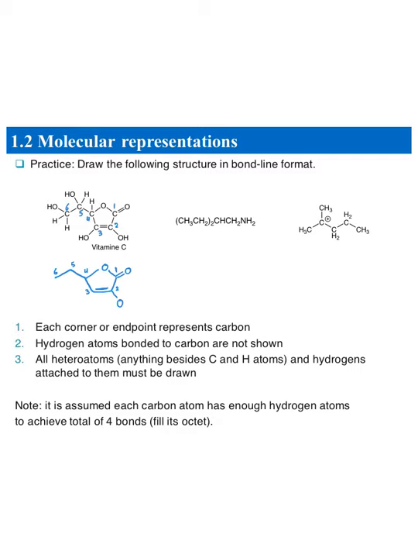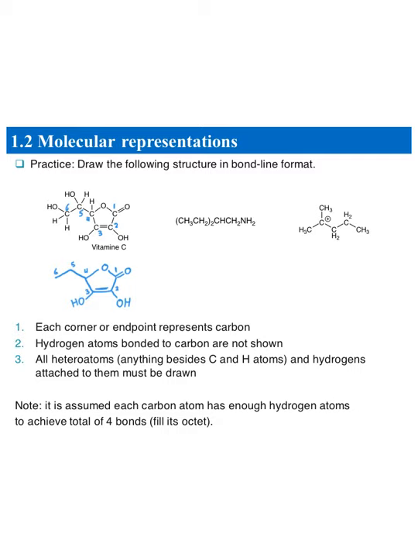And if you remember, we show all the hydrogens attached to the heteroatoms. Carbon number 3 is also attached to an OH group. Carbon number 4 is attached to an oxygen, attached to a hydrogen. We don't show that hydrogen, and it is also attached to another carbon. So that one is good.